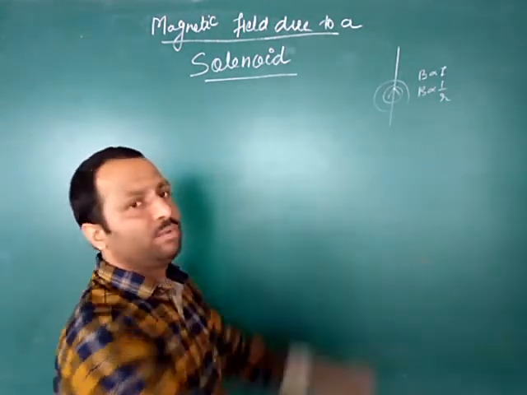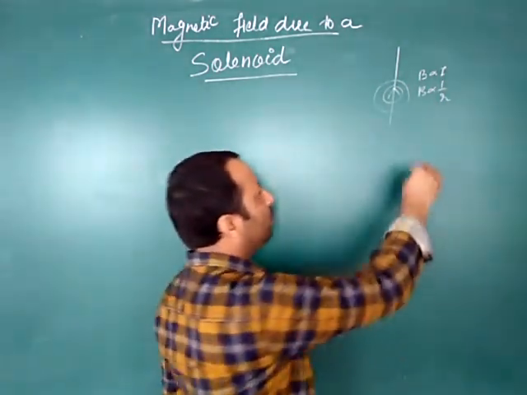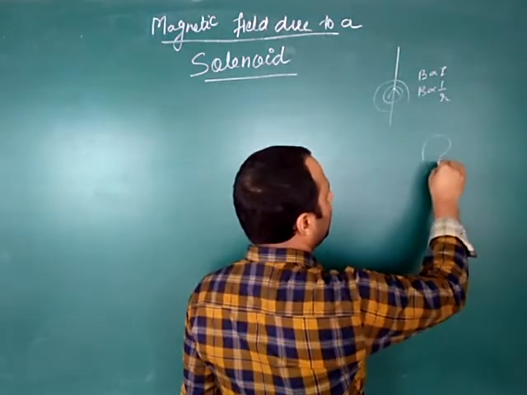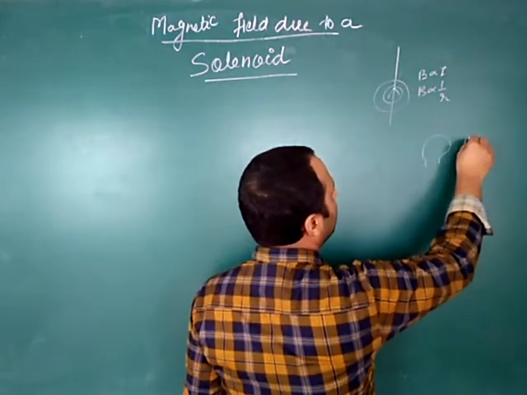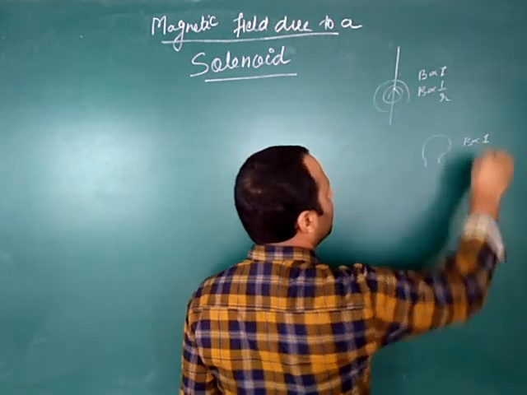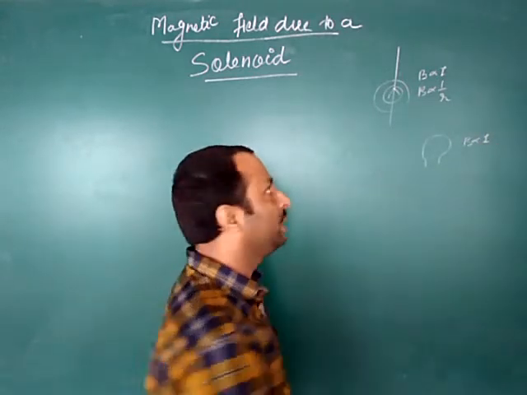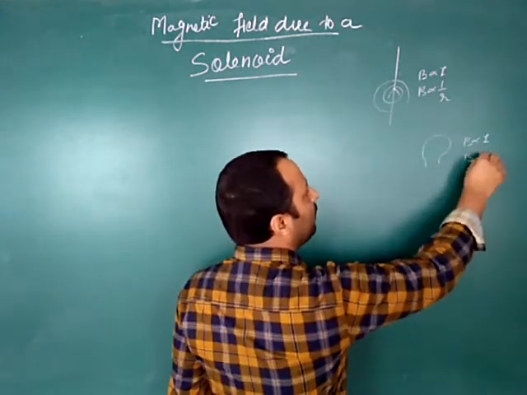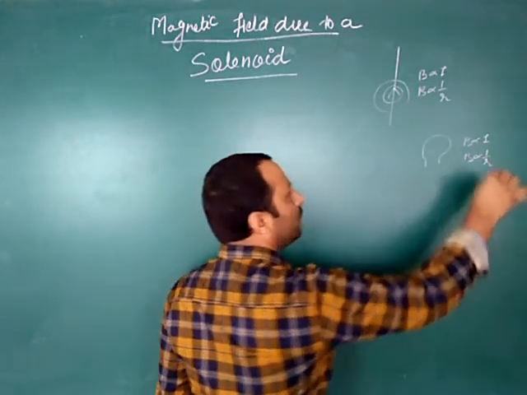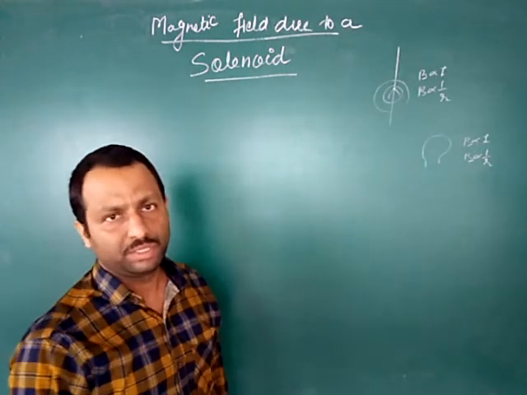Secondly, when this wire was folded, it was observed that the magnetic field was again directly proportional to the strength of the current, and inversely proportional to the distance.